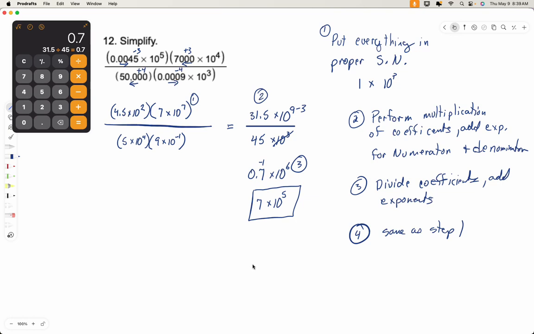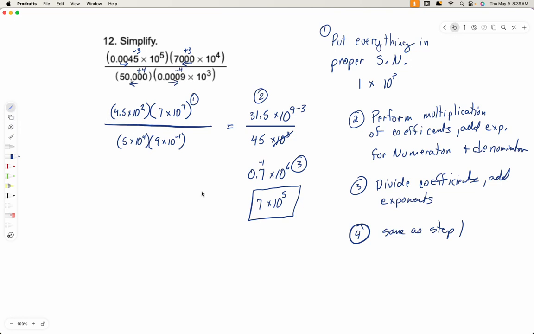Okay? That's all we do for these. You've got to do this step in order to do this step. You cannot do this and do it right without putting it in proper scientific notation first. That's the key to being able to solve these. You've got to do the steps. All right, next problem.